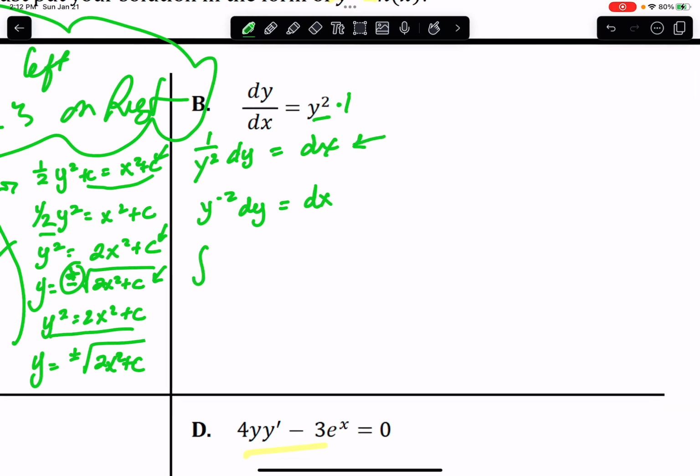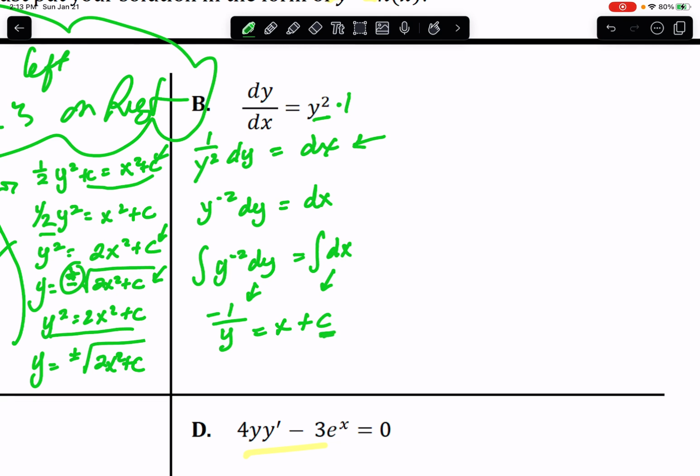Then I'm going to take the integral of y to the negative 2 dy equals the integral of dx. So this would be y to the negative 1 over negative 1. So 1 over y equals x plus c. Okay, that was showing taking the antiderivative of each one. And again, we just put the c on the right.